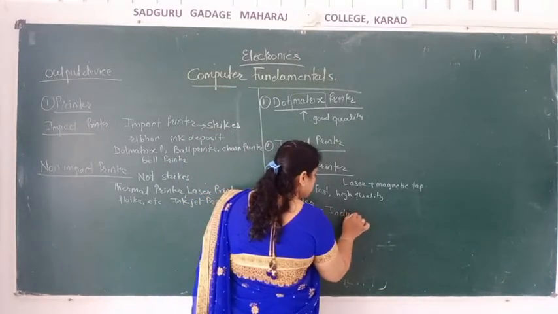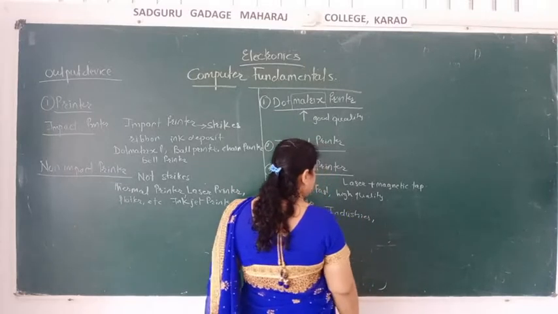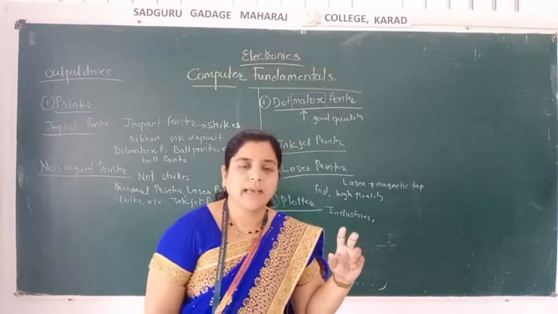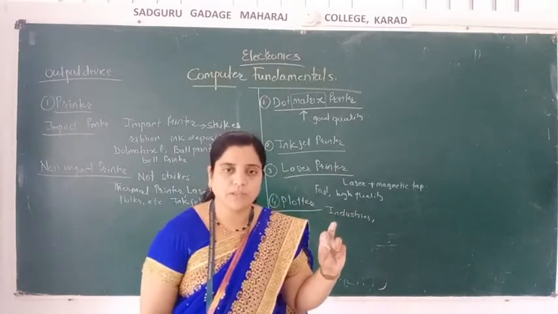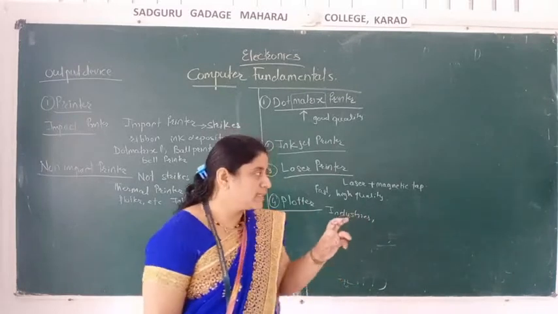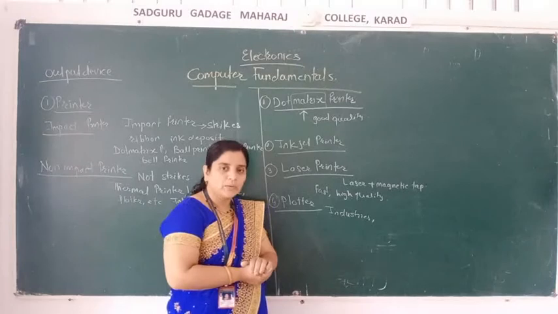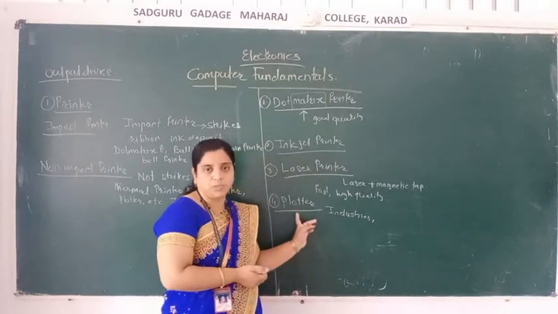These plotters are used in industries to print manuals, information, whatever you want to print. For example, when there are very big maps and manuals in a large number of forms, at that time plotters are used.